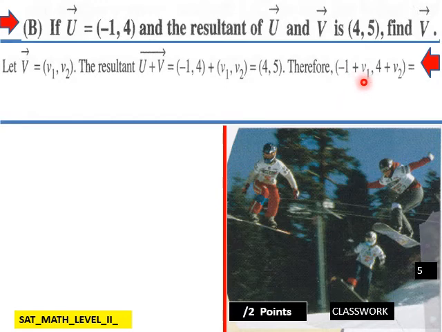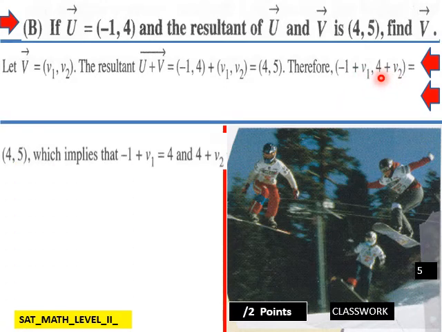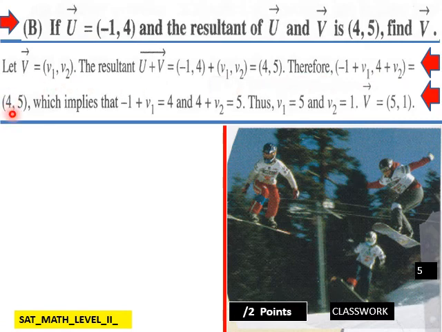Therefore, negative 1 plus v1 and 4 plus v2 equals 4, 5, which implies that negative 1 plus v1 equals 4 and 4 plus v2 equals 5. Thus, v1 equals 5 and v2 equals 1. So vector v equals 5, 1 by this process here.